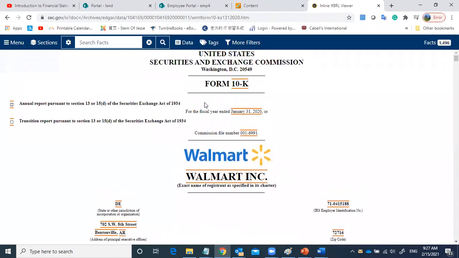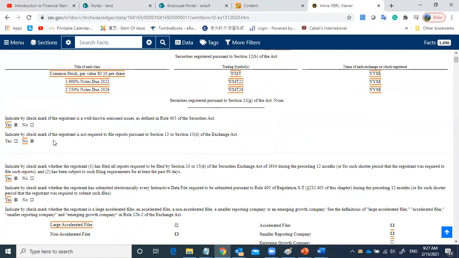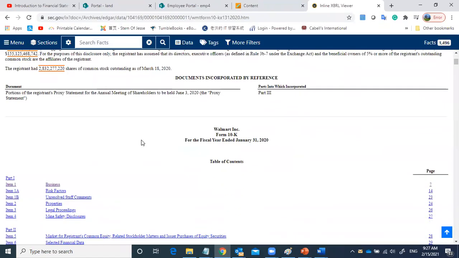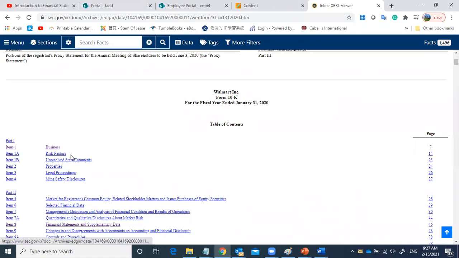The annual report includes the company's information, business background, and the risk factors.